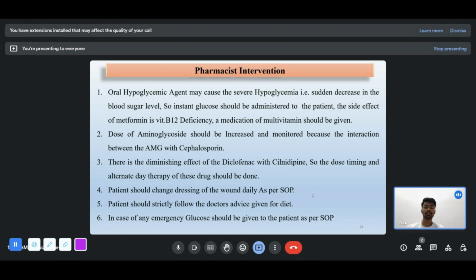There is a diminishing effect of diclofenac with cilnidipine, so the dose timing and alternate day therapy of this drug should be done. Patient should change the dressing of the wound daily as per standard operating procedure. Patient should strictly follow the doctor's advice given for the diet. In case of any emergency, glucose should be given to the patient as per SOP.